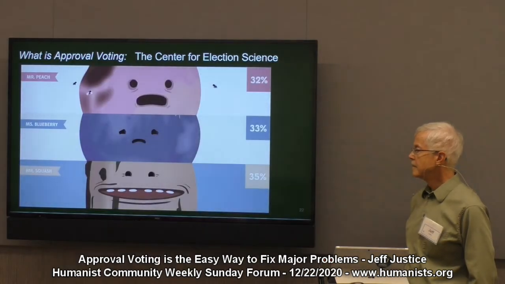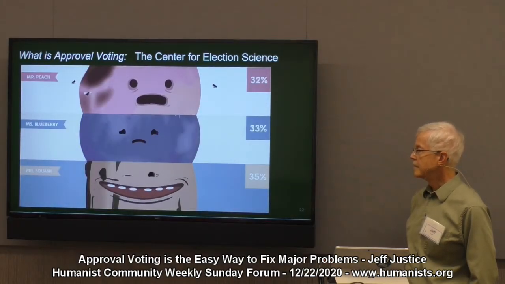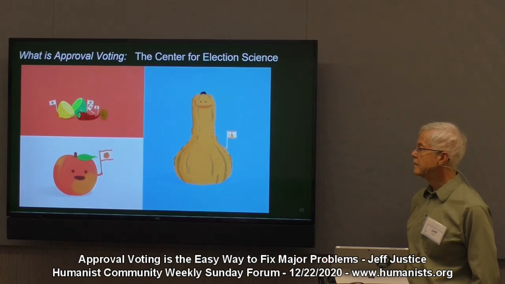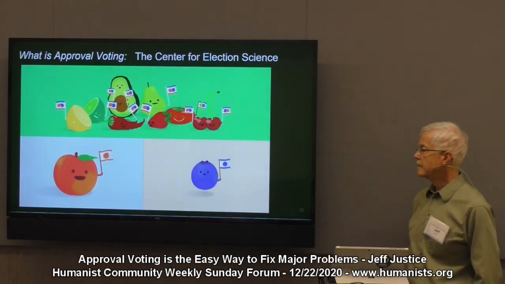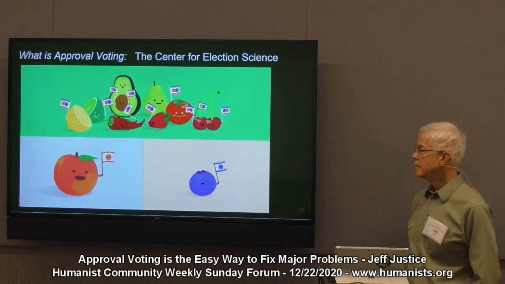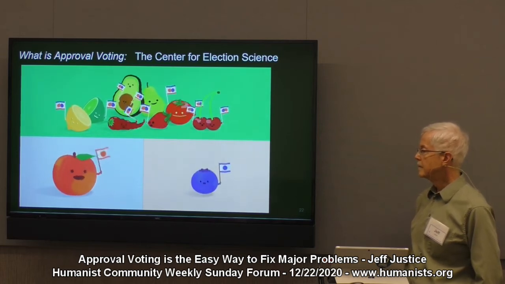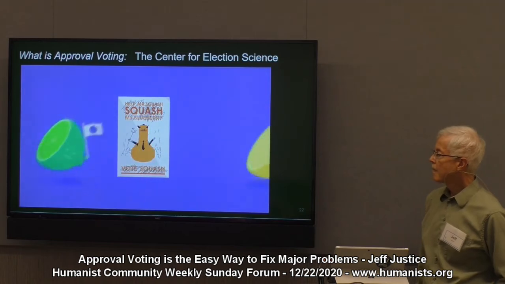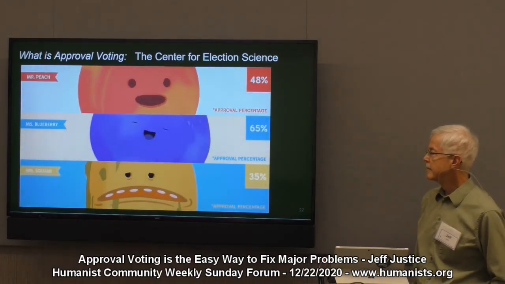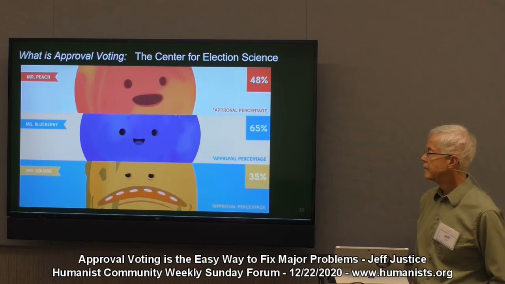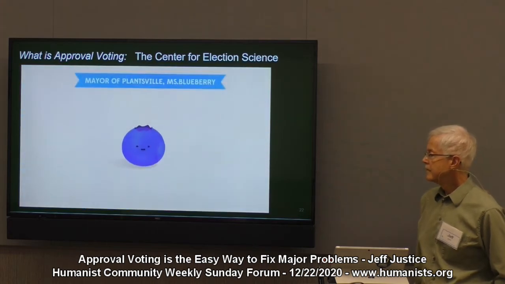With approval voting, the election would have gone quite differently. Peach's supporters no longer fear that a vote for Peach will help elect Squash. Instead, they show their sincere support for Peach and also Blueberry. They want to prevent Mr. Squash from winning, and they do. And approval voting accurately reflects Peach's support. Mayor Blueberry wins the election.